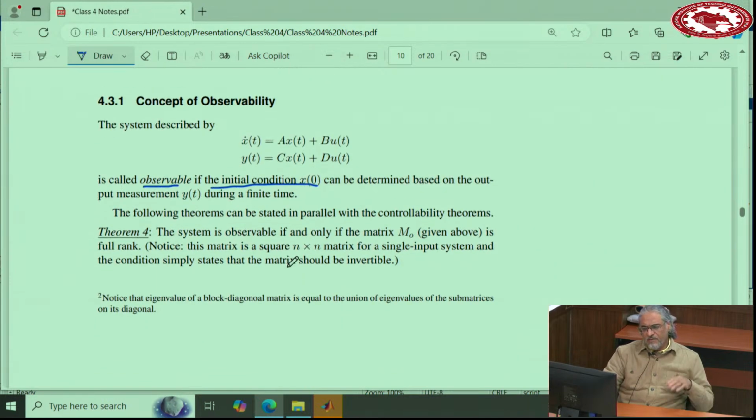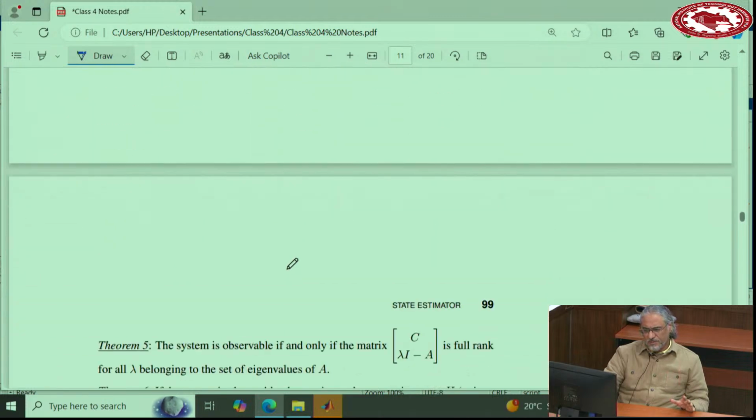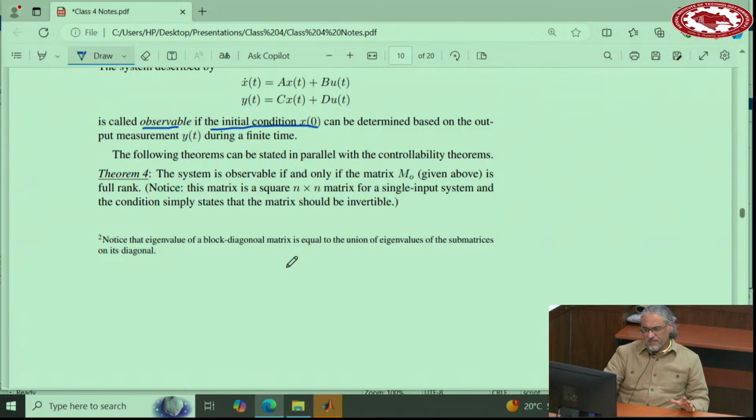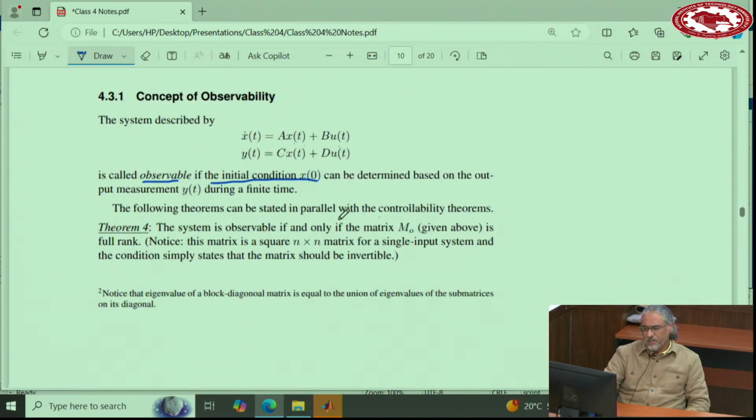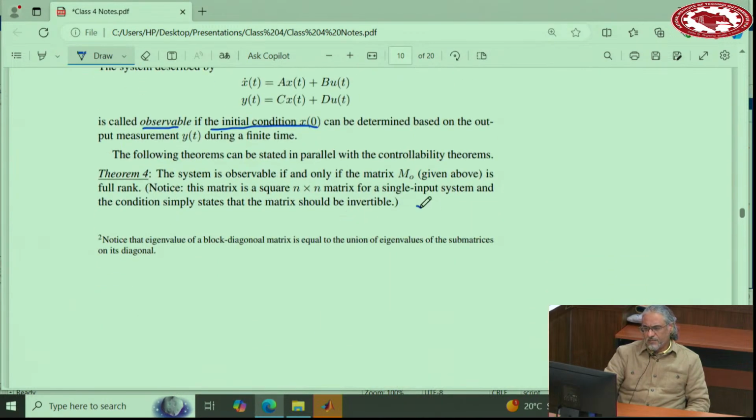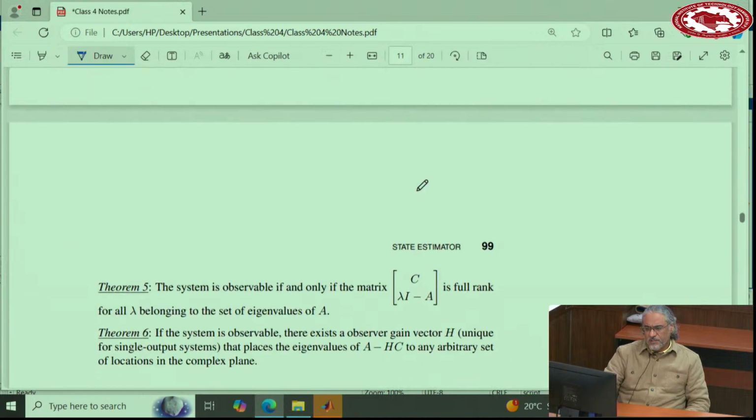So again, we have here 3 theorems, very similar to the theorems for controllability. One of them says that this matrix should be full rank. If this is full rank, we already proved it somehow. If that is full rank, then the system is observable. The other condition says if C and lambda I minus A is full rank for all lambda.